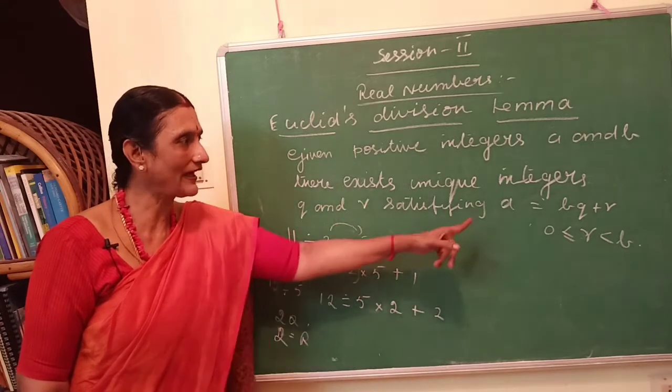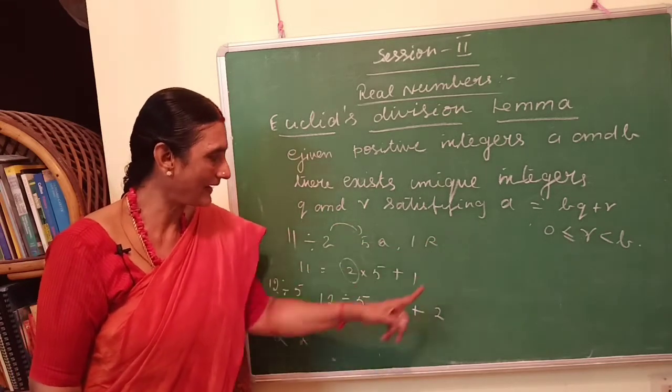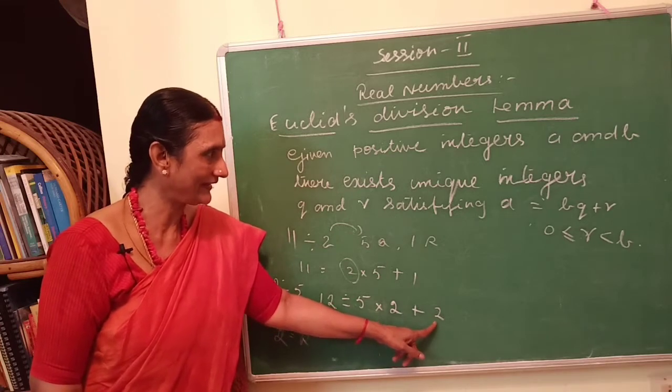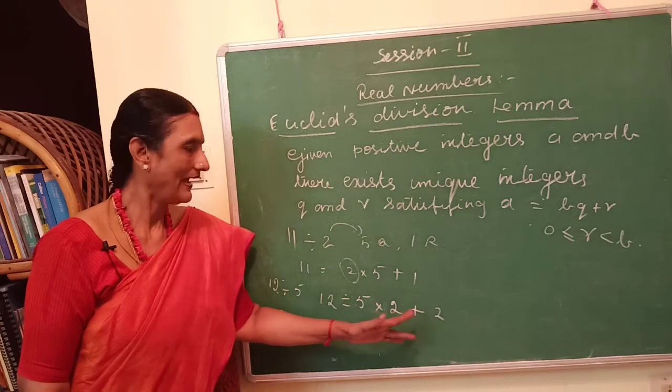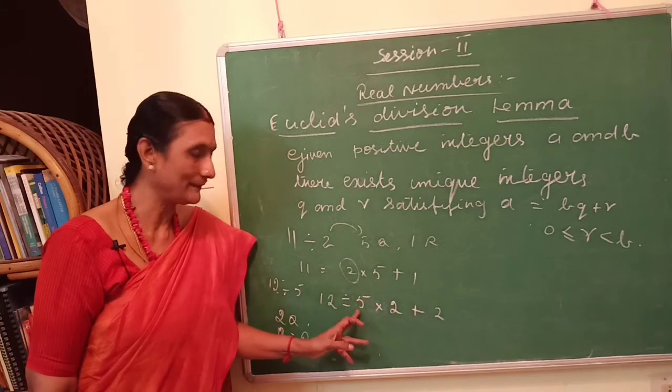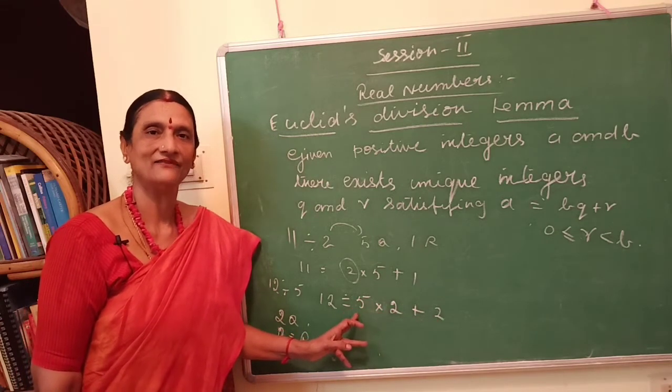Now if you try to fit that, the remainder R is definitely greater than 0, isn't it? 2 is greater than 0. And it is less than B, the divisor which is dividing.